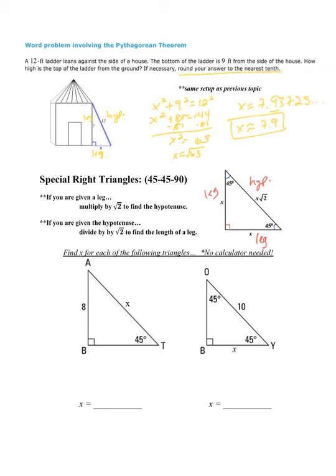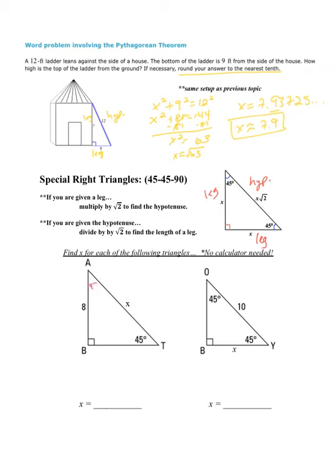So let's do this. Find x. If this angle is 45 in triangle ABT, T is 45, so A is 45. Why?